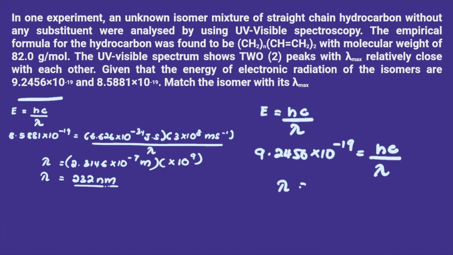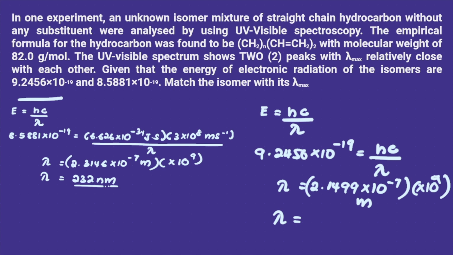So your wavelength should be equivalent to 2.1499 times 10 to the power of negative 7. Same drill, because this one is in meter, you need to times 10 to the power of 9. Therefore, your wavelength is equivalent to 215 nanometer.